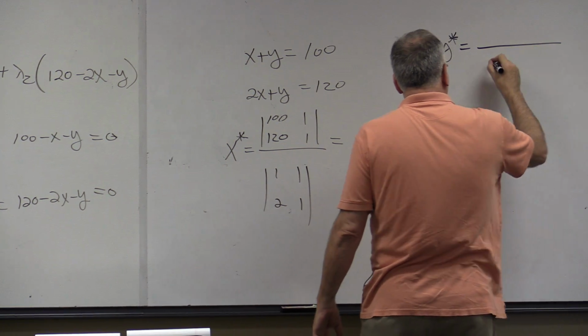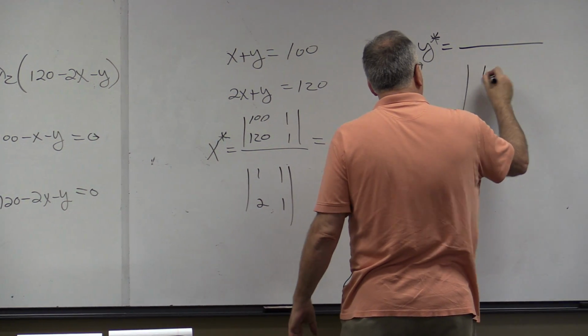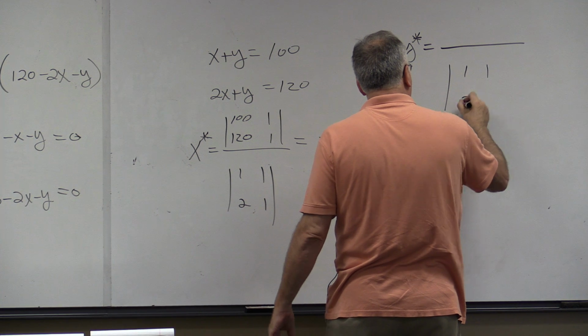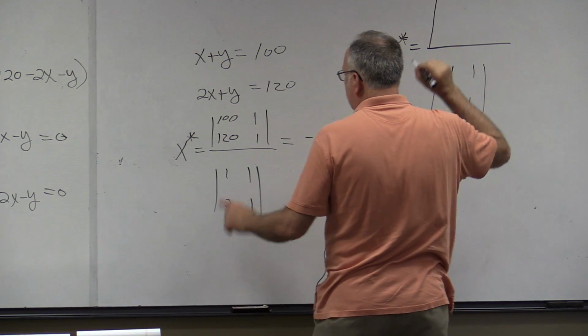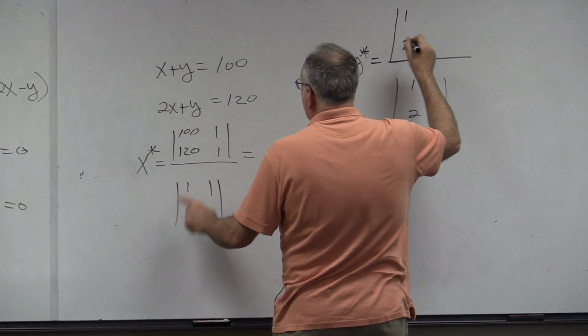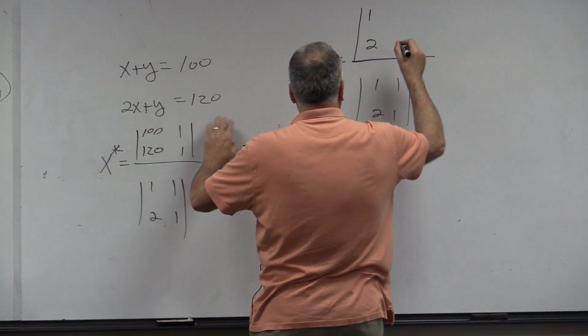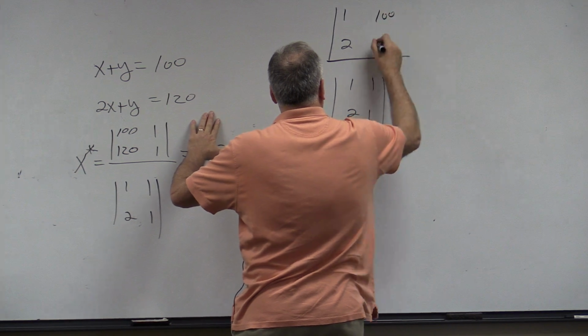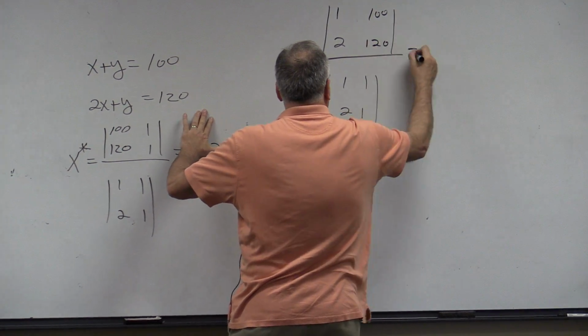Y star would be this. Same determinant down here. Up here, we would have 1, 2, and then we would substitute in these constants, 100 and 120. Let's see what we get here.